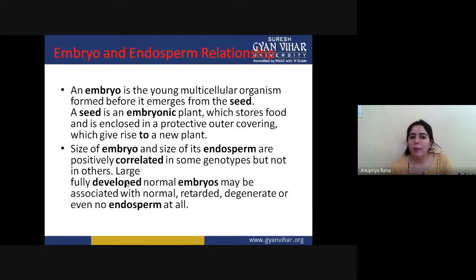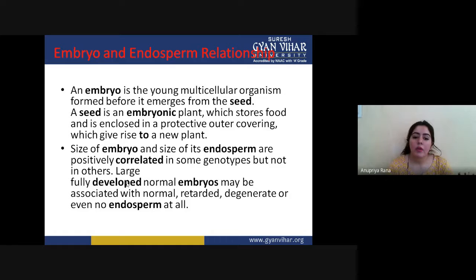If the embryo size is 2 nanometers and the endosperm size is 1 nanometer, how would the endosperm provide full nutrition to the embryo? That's why the sizes of embryo and endosperm should be correlated, roughly the same, so that they can give enough nutrition.